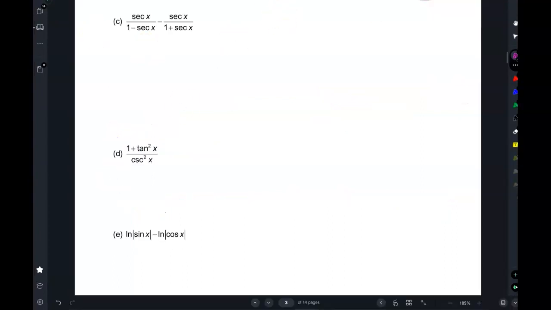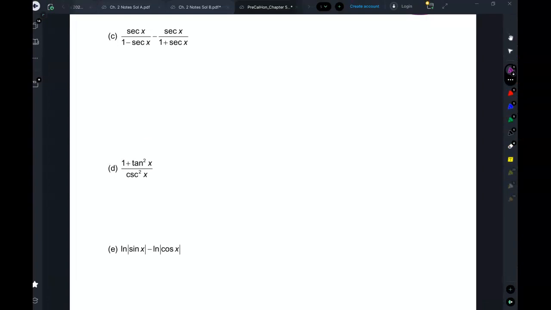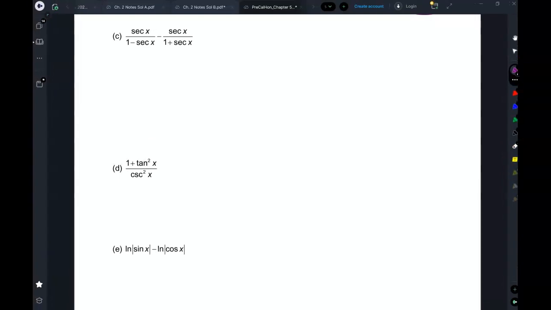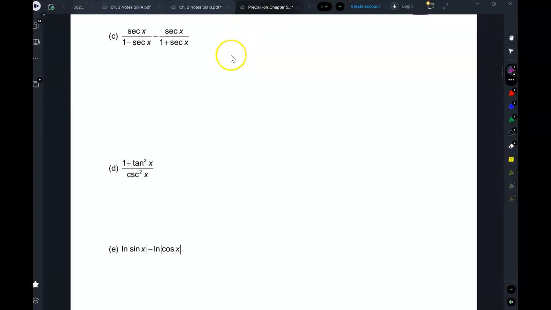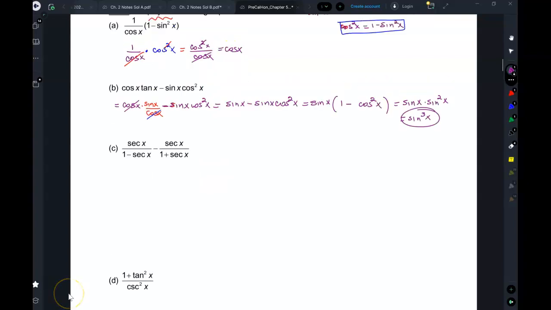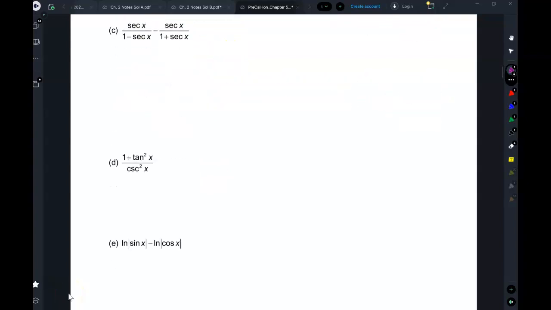So what I've done here is put in one example of each type of problem you'll get. In this one, you have a fraction that's being added or subtracted. When you have 2 fractions that you're adding or subtracting, you have to make a common denominator, right?